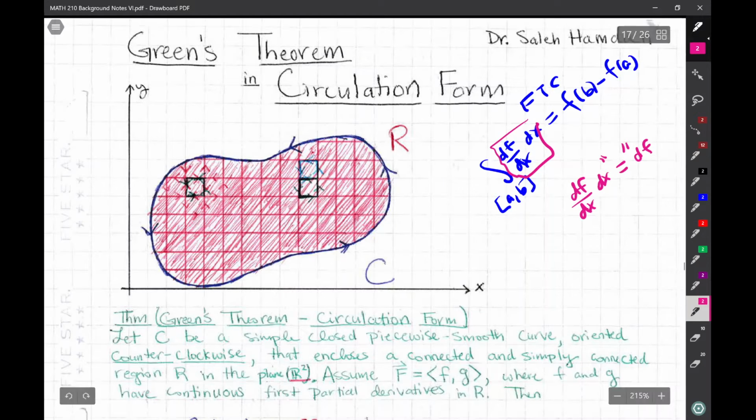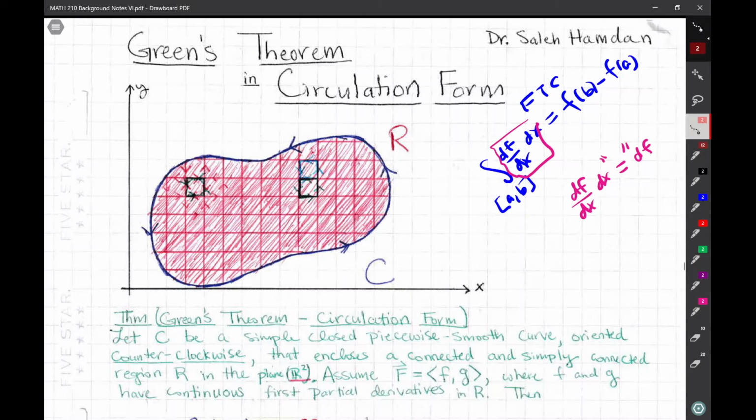So what you're doing is adding up a lot of the changes in f in the bulk to get a net change of f at the boundary. Okay, so you could either add up all of the little changes of f in the bulk and get a net change at the boundary. Okay, so that's one way to look at it.